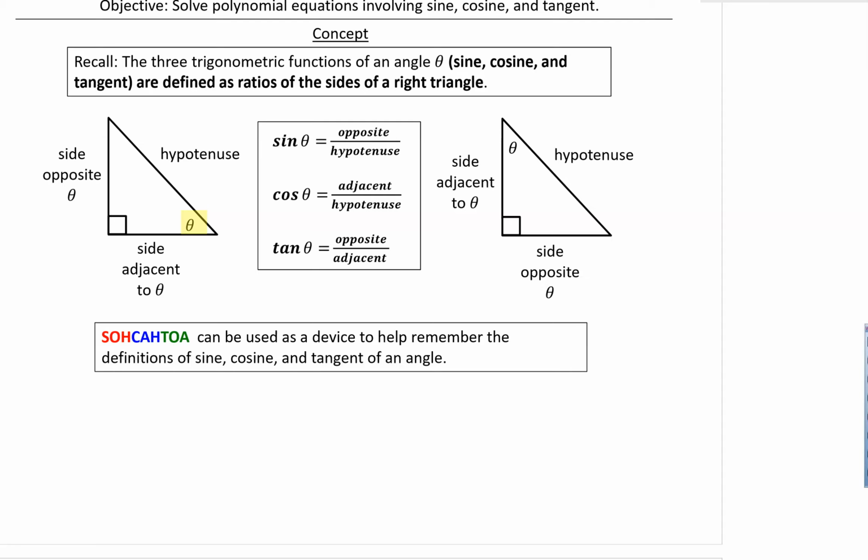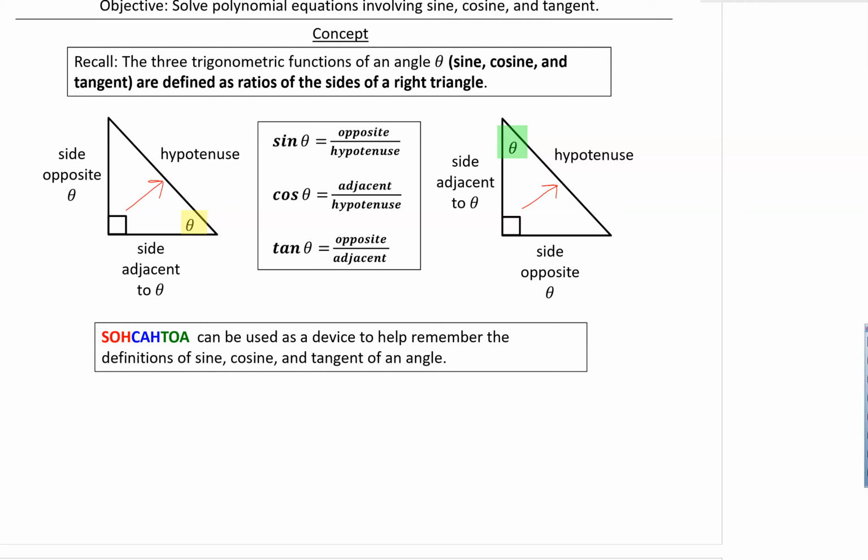Identify the hypotenuse first, which is always across from the right angle. What you need to remember is that your opposite and your adjacent do depend upon the location of the acute angle, theta.